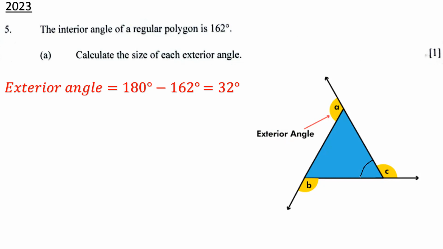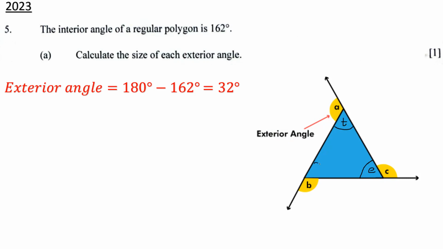For example, if we look at this polygon, which is a triangle, and call this angle E, angle E is on the inside of the polygon, so we call it an interior angle. Let's call this one angle T. Angle T is also on the inside, so it is an interior angle.